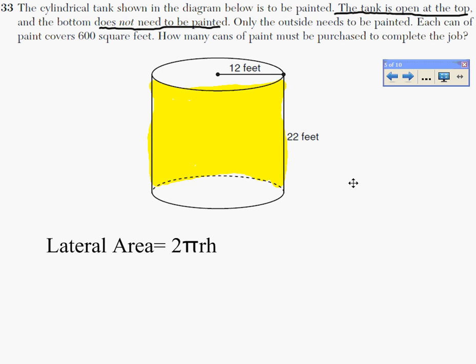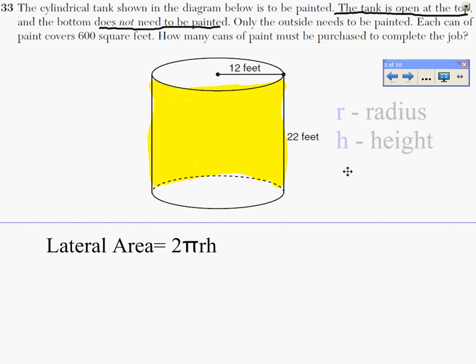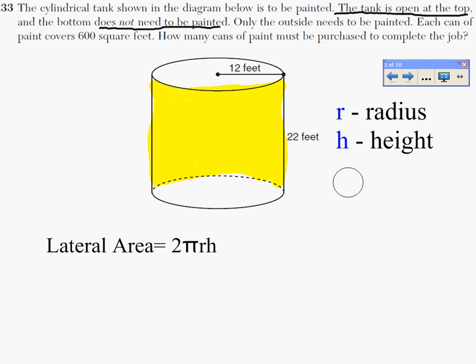So R is your radius and H is your height. In our problem, R is given as 12 feet. So R is 12 feet. The height is given as 22 feet.